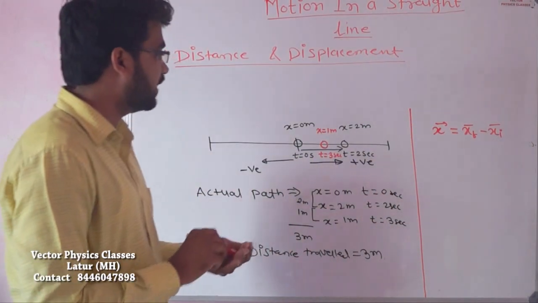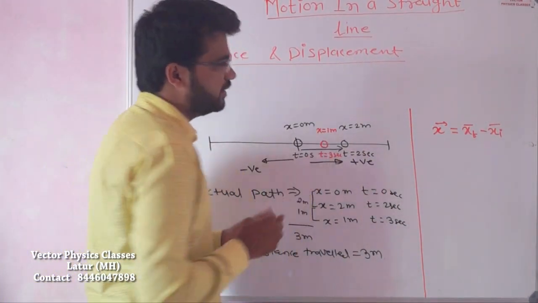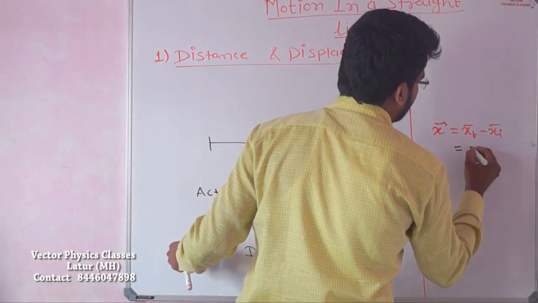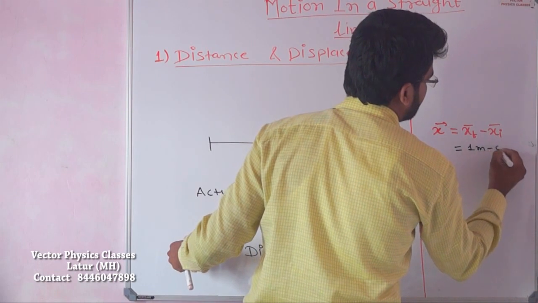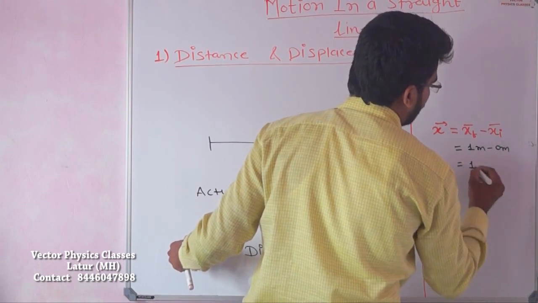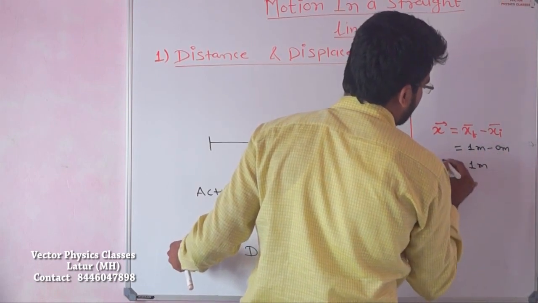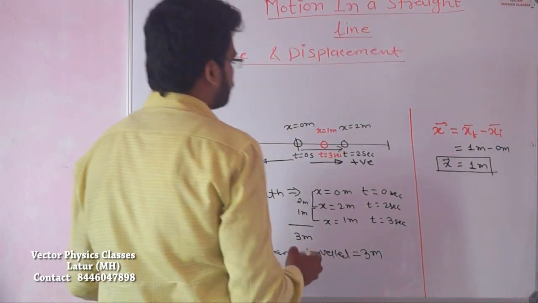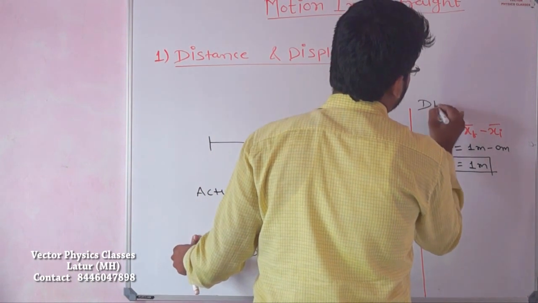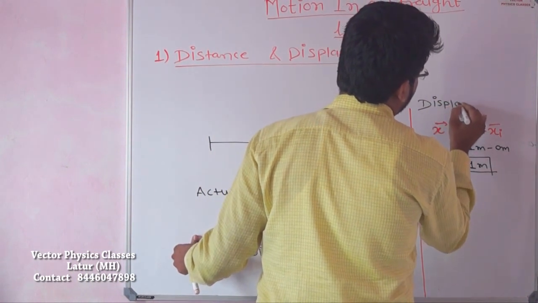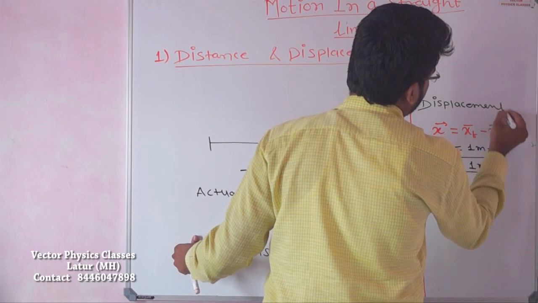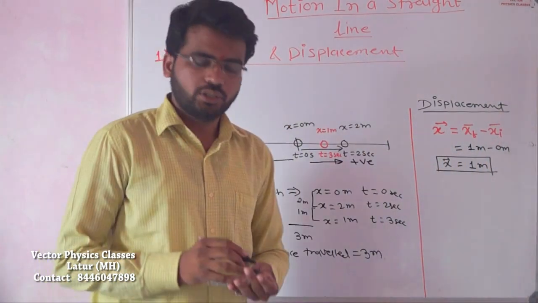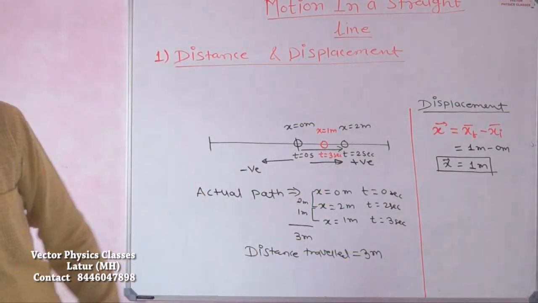So over here final position is 1 meter and initial position is 0 meter. So the answer will be 1 meter minus 0 meter, and we'll have 1 meter as displacement. So this is displacement, right?